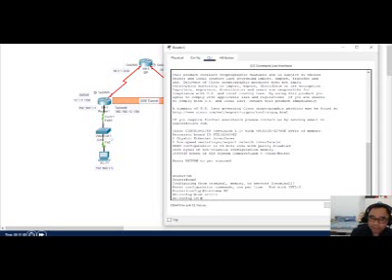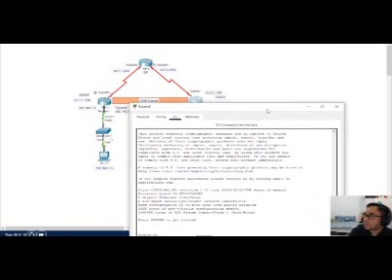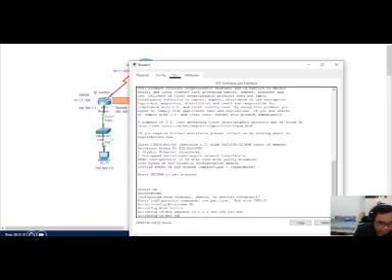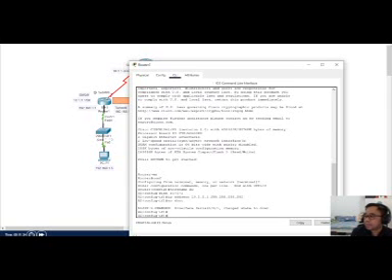Okay, then we put the IP address, which is this, 10.2.2.1, subnet 255.255.255.252. Okay, no shutdown. Now what else? Exit.